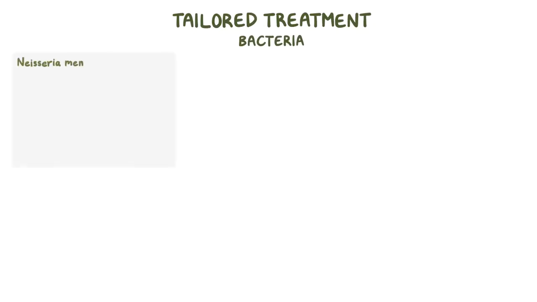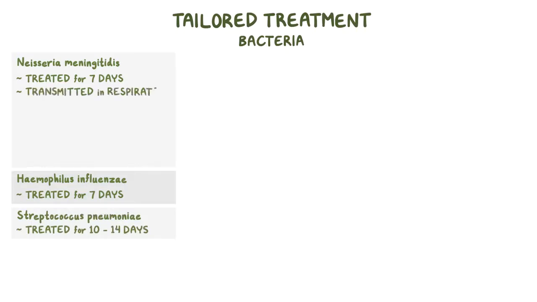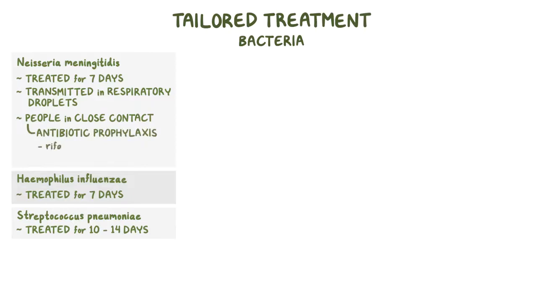Typically, Neisseria meningitidis and Haemophilus influenzae are treated for 7 days, while Streptococcus pneumoniae is treated for 10 to 14 days. Interestingly, because Neisseria meningitidis is transmitted in respiratory droplets, people in close contact with individuals should receive antibiotic prophylaxis. Rifampin is classically used, but ciprofloxacin and ceftriaxone are also good options.